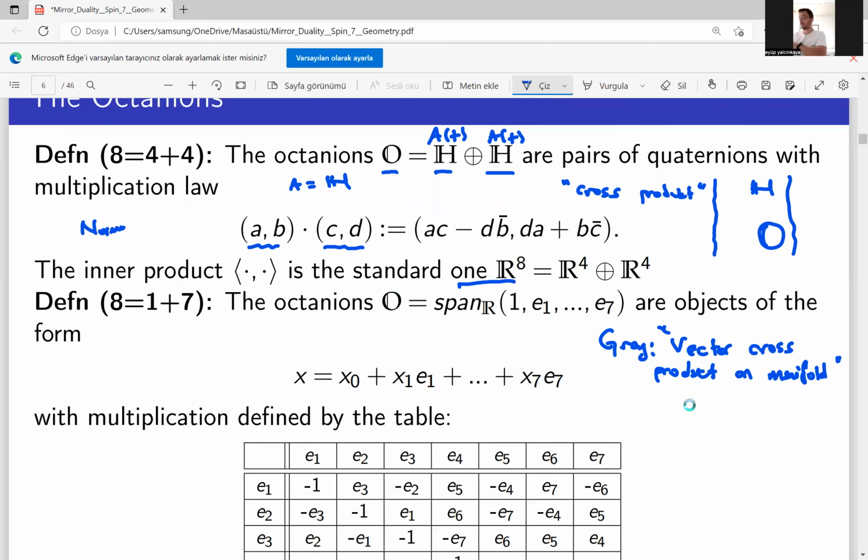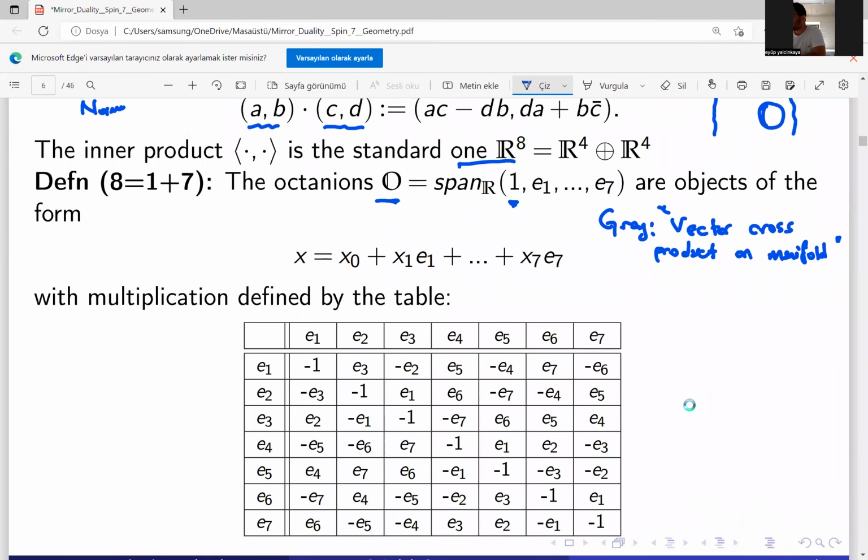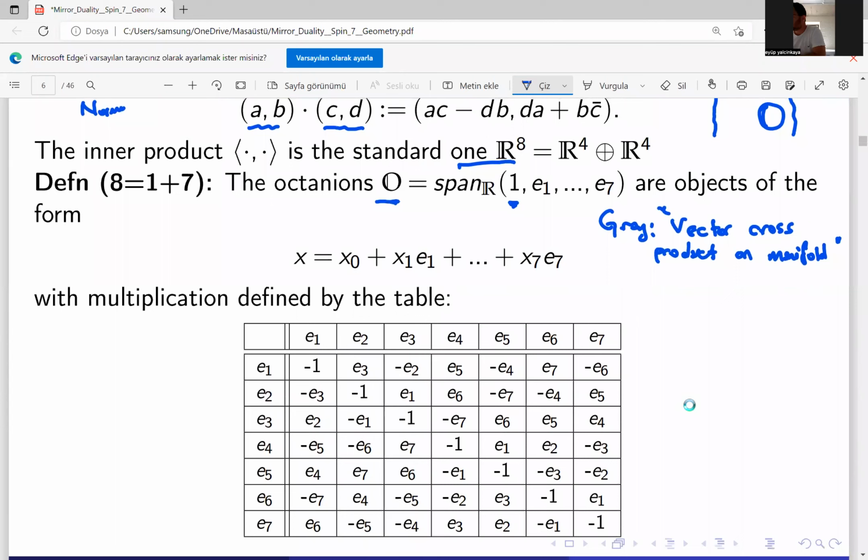Now, if we construct octonions, we can see octonions as a span of the real unit element 1 and e1 to e7. The important part is that we need the information of this geometry, and this can be written as the general element.